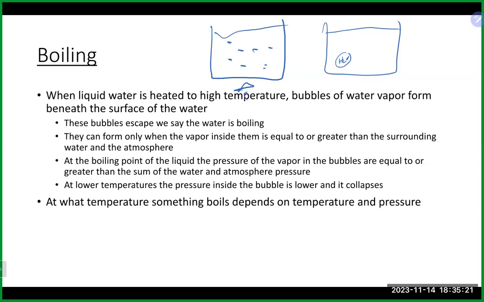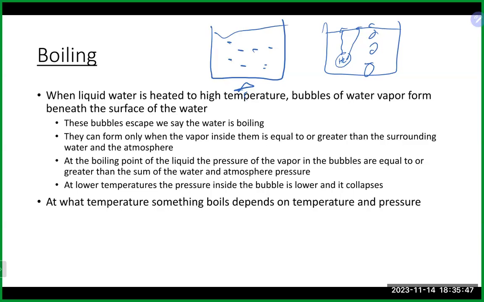But eventually you will heat it enough that the pressure inside the bubble will be equal to or greater than the outside pressure, and it will be able to boil to the top. That's when you really know it's boiling, right? When the bubble can make it to the top. And when it gets to the top, it's going to pop and release that vapor and start to boil.